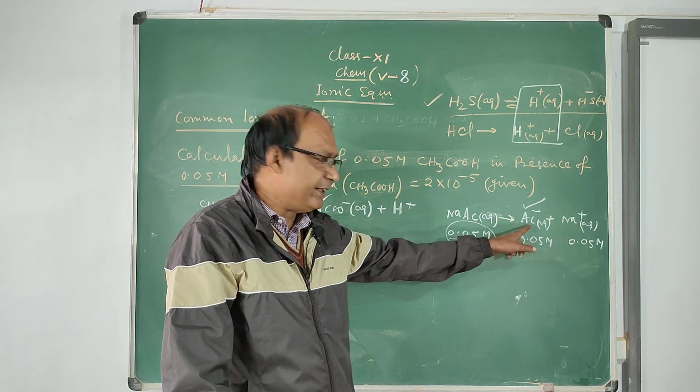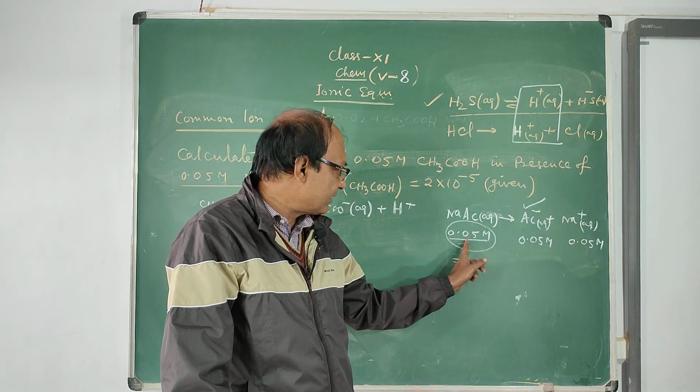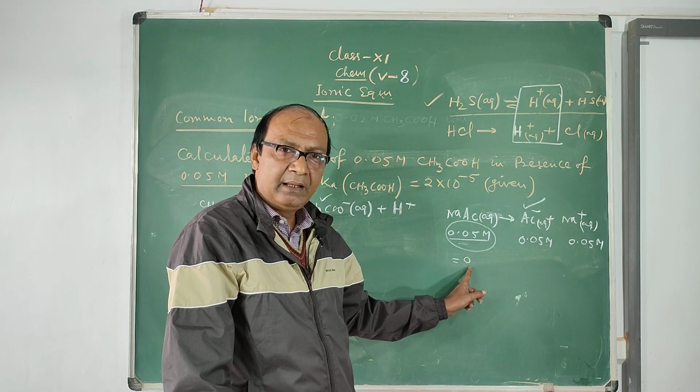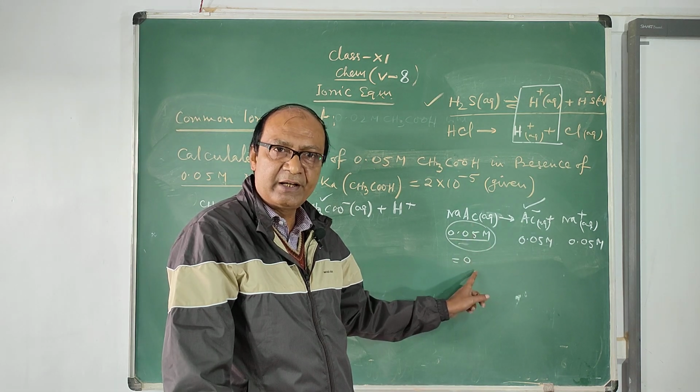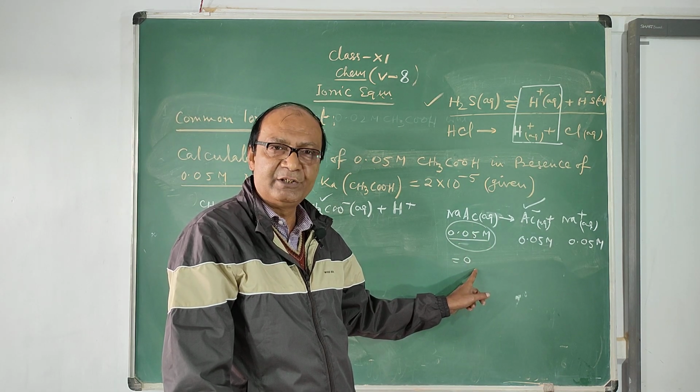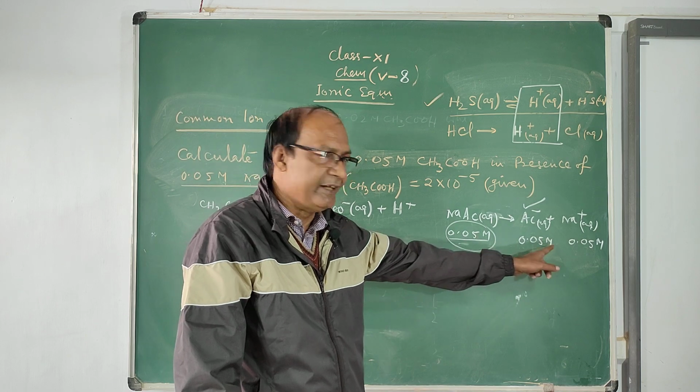A strong electrolyte fully dissociates. Therefore, the concentration of a strong electrolyte in water will be 0 after dissociation, because it will be fully dissociated.